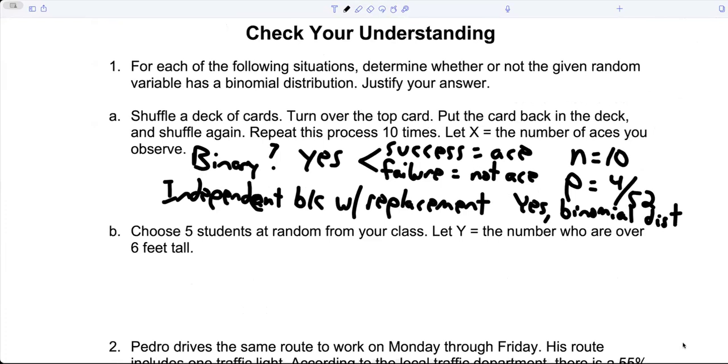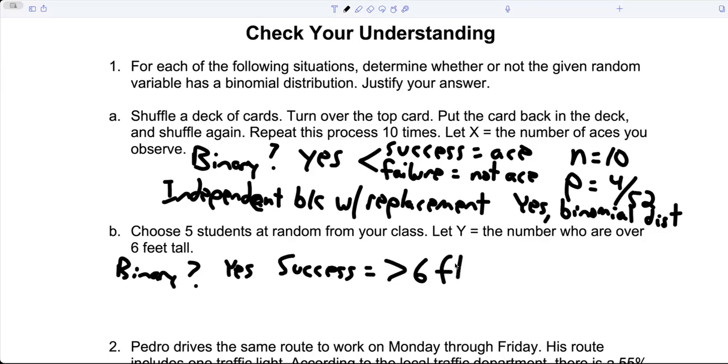Okay, part B says choose 5 students at random from your class. Let Y equal the number who were over 6 feet tall. So there's this binary, we can say yes. Success is going to be greater than 6 feet tall. Failure is less than 6 feet tall.